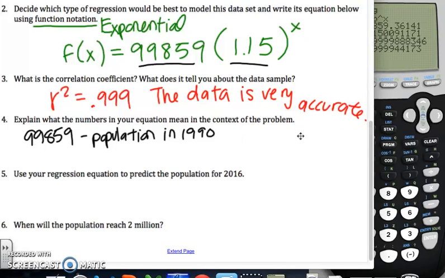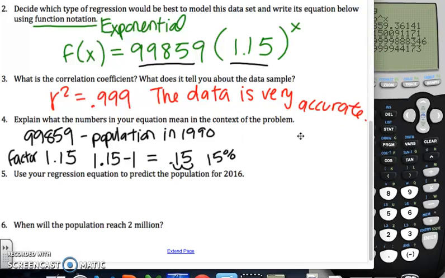The next thing is this factor. So it's kind of tricky what you do with this number. So that is our factor. You have to find the rate, okay? So again, the rate is that number minus 1. So 1.15 minus 1 is going to be 0.15. Again, I like to turn it into a percent. So that's the same as 15%.